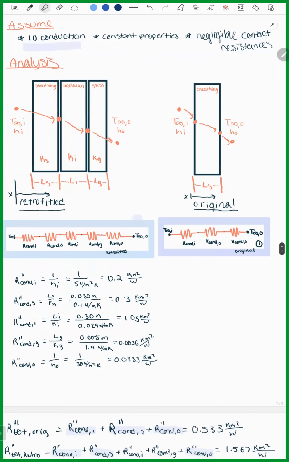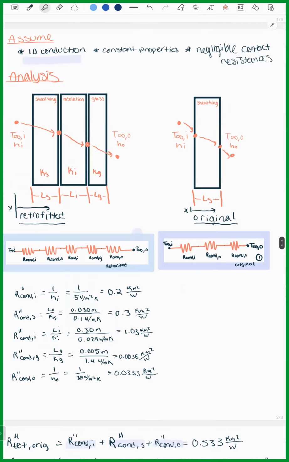So I have these written out already based on the givens that we have, but R double prime convection for the interior is given here as 0.2 Kelvin meter squared per watt.